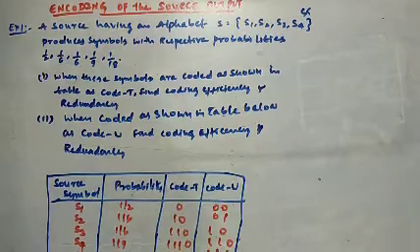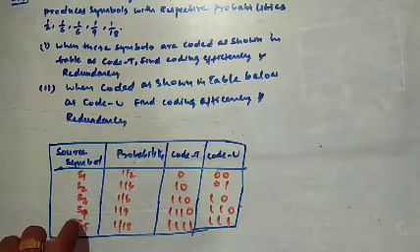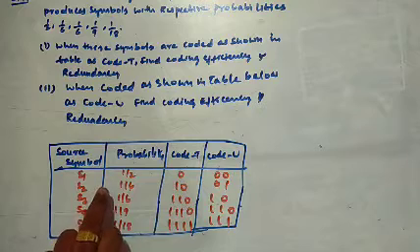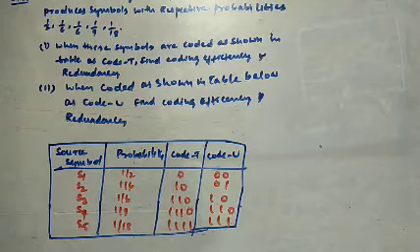I have taken the symbols S1, S2, S3, S4, S5, whatever is said in the question, and I have just made a table over here. S1 occurs with the probability of 1 by 2, S2 is 1 by 6, S3 1 by 6, S4 1 by 9 and S5 1 by 18.